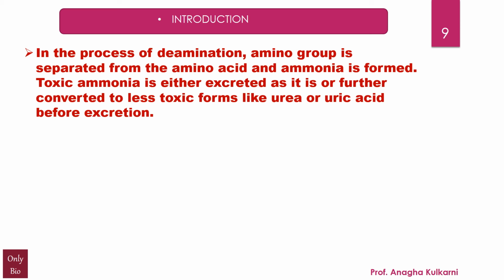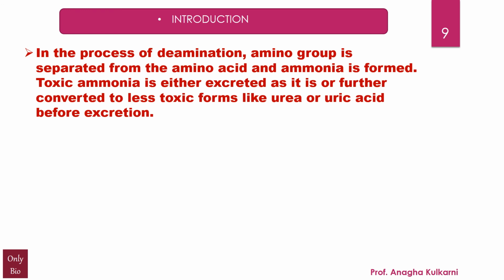So whether an organism is going to excrete ammonia, urea or uric acid totally depends upon the nature of the habitat in which the organism grows as well as its excretory system. But this is for sure that deamination will always first produce ammonia, and depending on the physiology of that organism, this ammonia may be released as it is or further converted to a less toxic form like urea or uric acid.